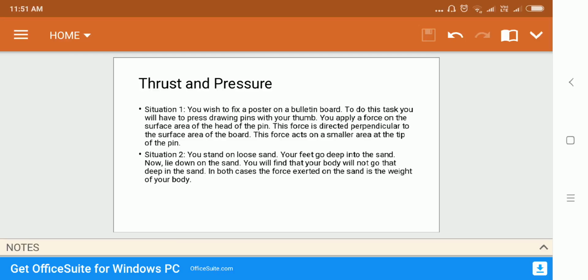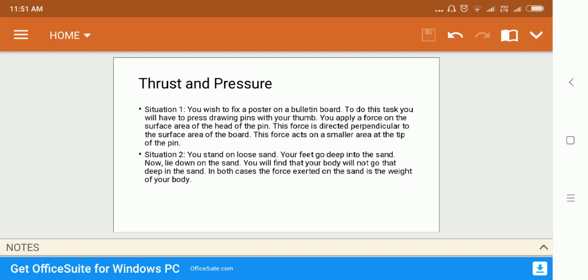This force is in the perpendicular direction to the surface of the board. Over the board we are providing a perpendicular force to fix the pin. This force acts on a similar area at the tip of the pin.